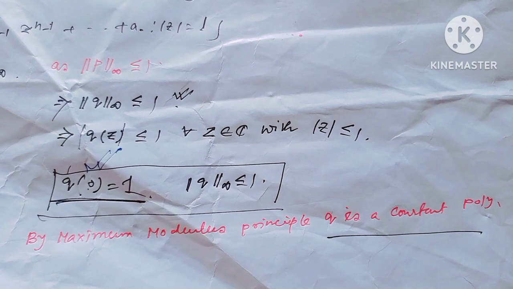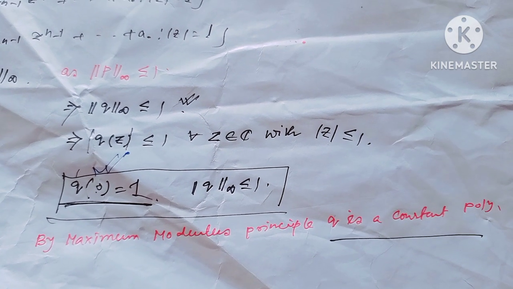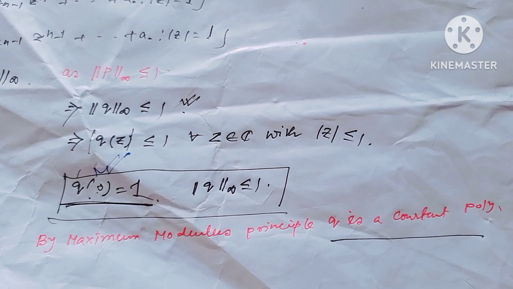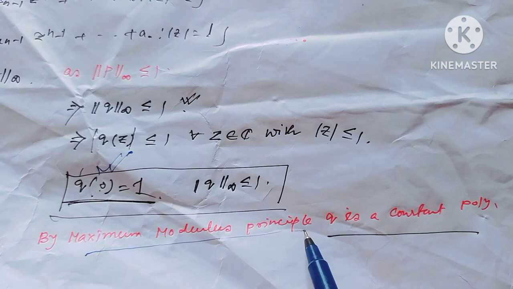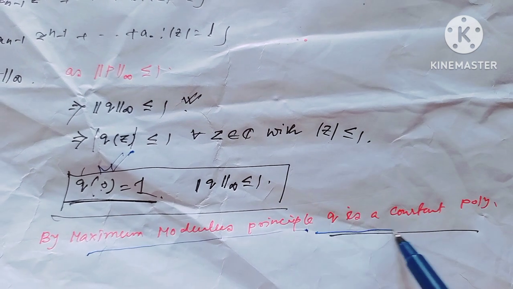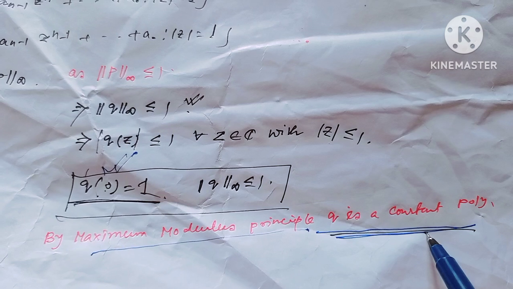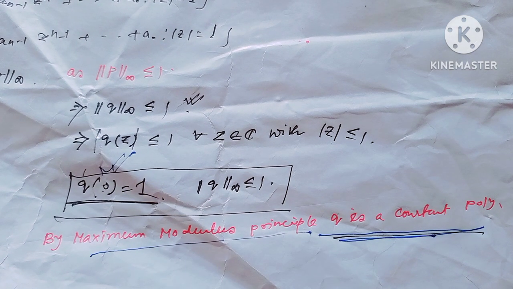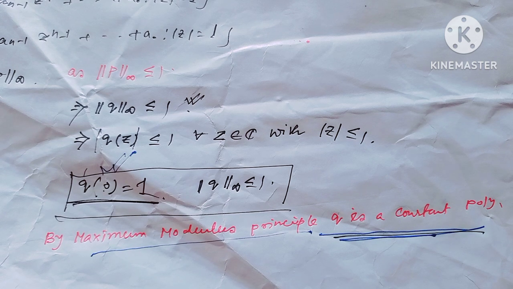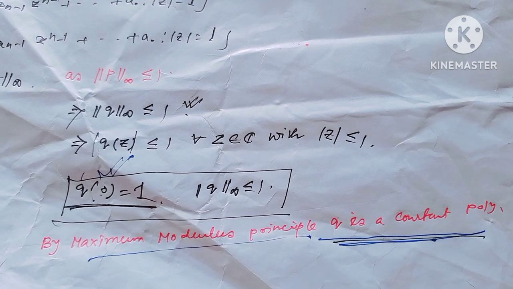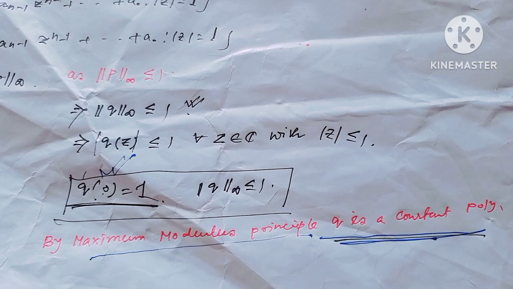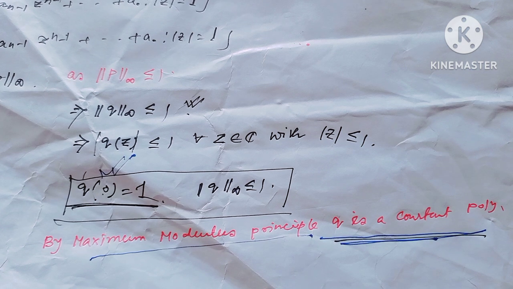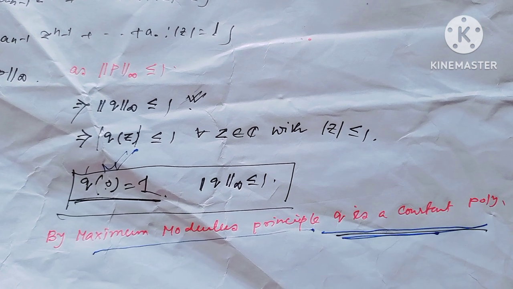I hope all my viewers have understood why I have told you the maximum modulus theorem is very important. By the statement of the maximum modulus theorem, we can tell Q is a constant polynomial because its maximum value exists at an interior point. Because by the statement of the maximum modulus theorem, when a function is non-constant and analytic, then its maximum value always exists on the boundary.